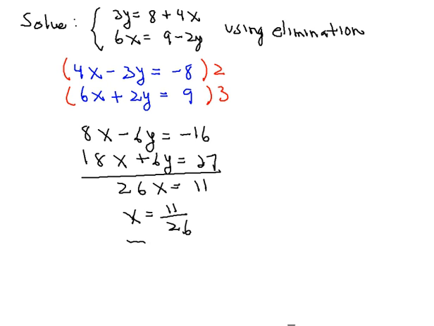Now to find y, I think what I'm going to do is go back and use the first original equation. We'll then have 3y is equal to 8 plus 4 times the quantity 11 over 26.